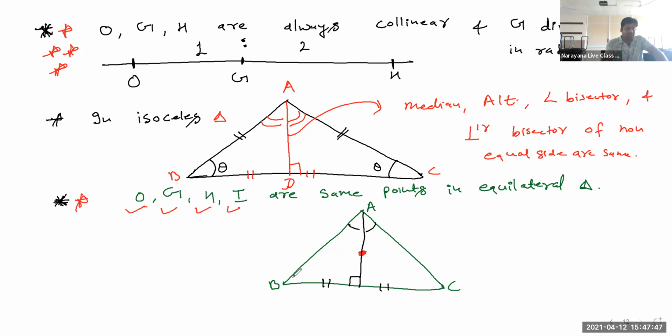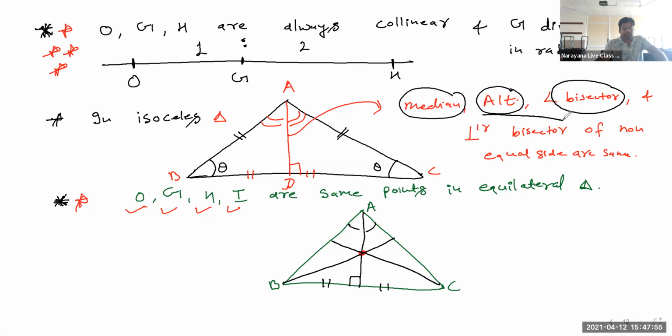In an isosceles triangle, it is only true that median is the same as altitude, the same as angle bisector, the same as perpendicular bisector. It happens only for the non-equal side, because AB and AC are the equal sides of the isosceles triangle.